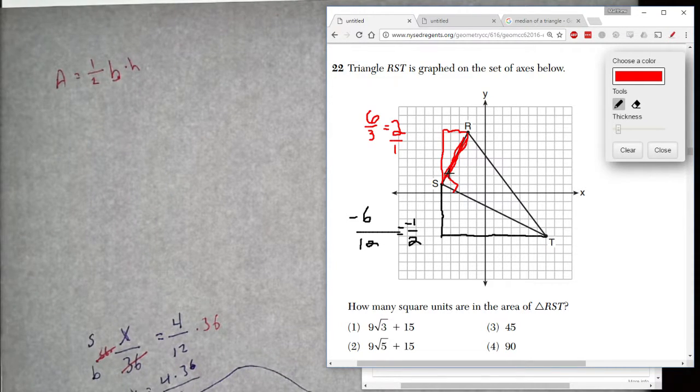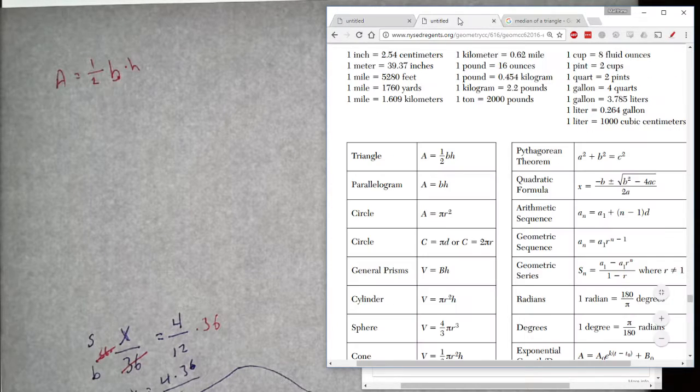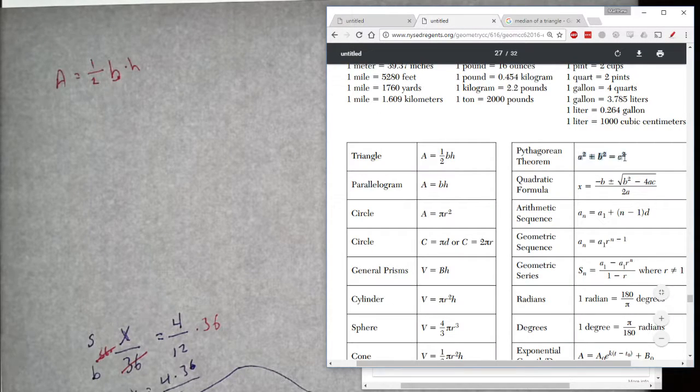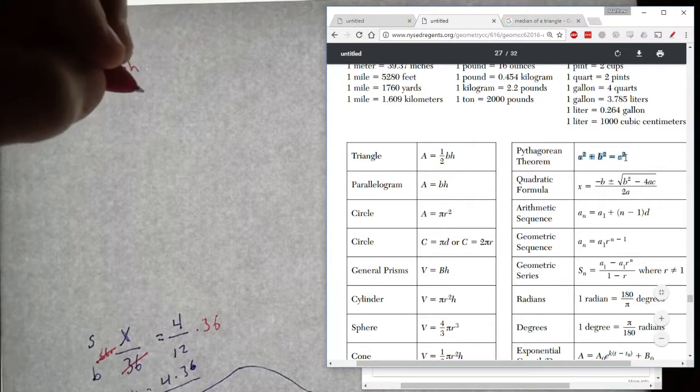Whoa, wait a minute. I don't have this length, it's on a diagonal. I don't have this length either, it's on a diagonal. Well, you can always use the distance formula, which I hate because I don't like memorizing formulas, but I just drew straight up and down and straight right over there. I have a right triangle over here, and I can use the Pythagorean theorem when I have right triangles.